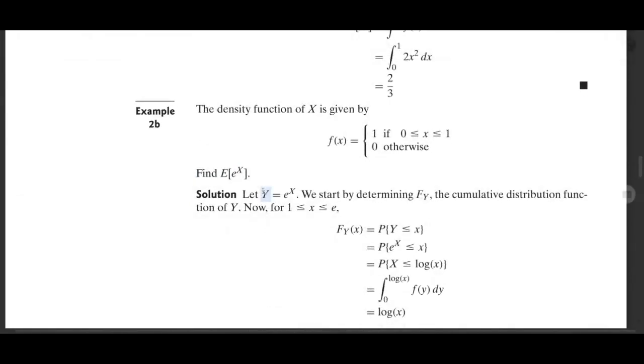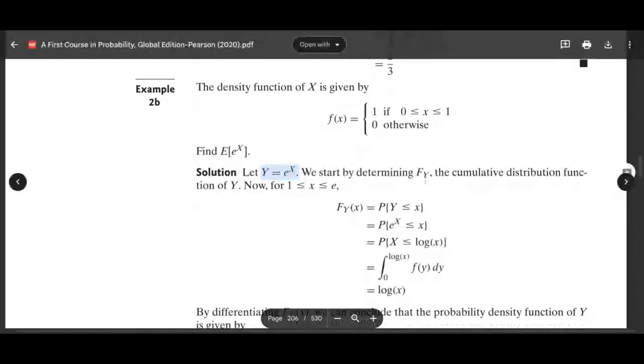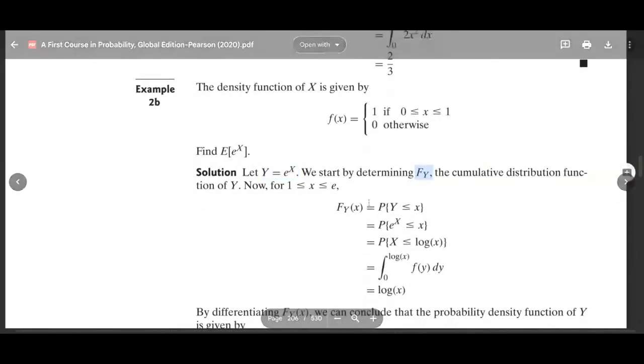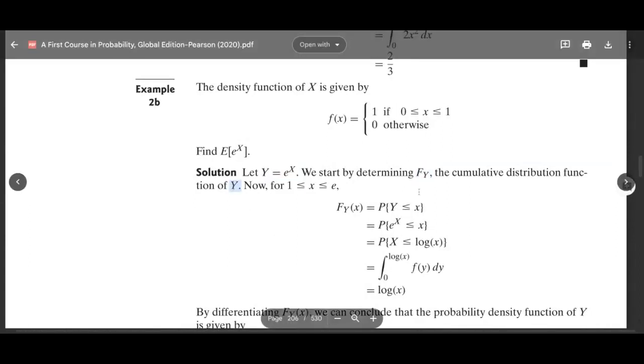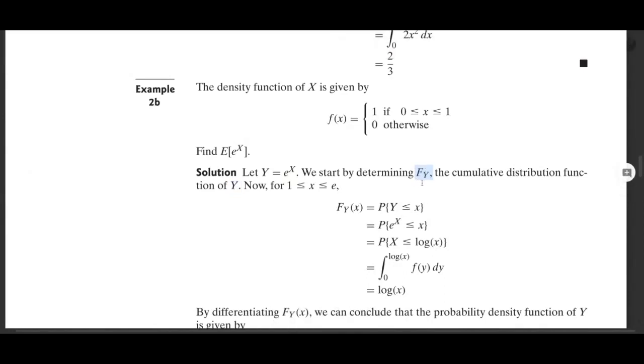Okay, so we call e to the x y. Let's define F of y, the cumulative distribution function of y. By the way, everyone see the difference of the capital letter and the little letter, right? The little letter f is the density function.